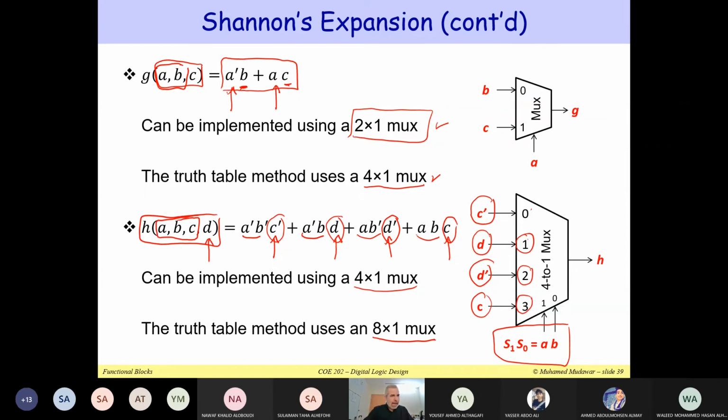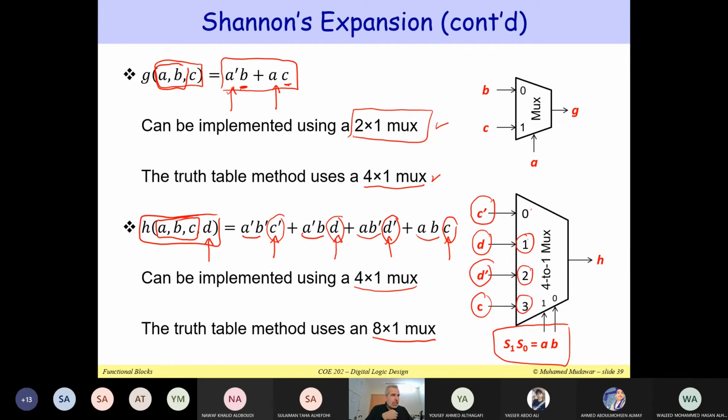But it turns out that this function h can be implemented using even a smaller 4-to-1 multiplexer by using C and D as inputs to this 4-to-1 multiplexer, and using only A and B as my select inputs. So this is really the idea of Shannon expansion: look at the expression and see how it can be implemented using a multiplexer, and decide on the smallest size multiplexer that you can choose to implement the function.